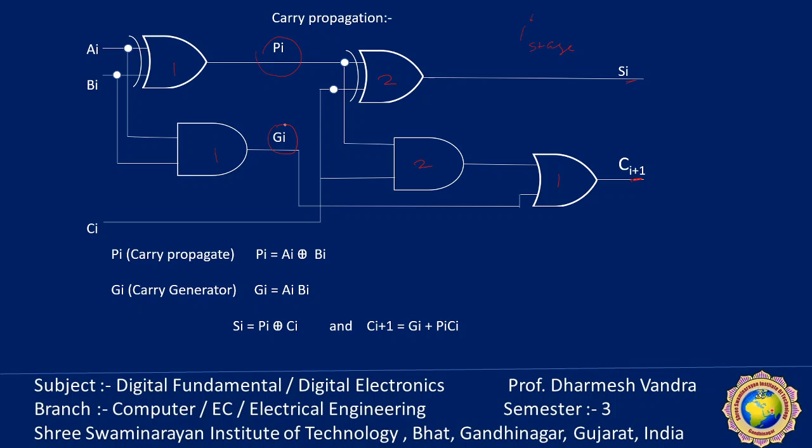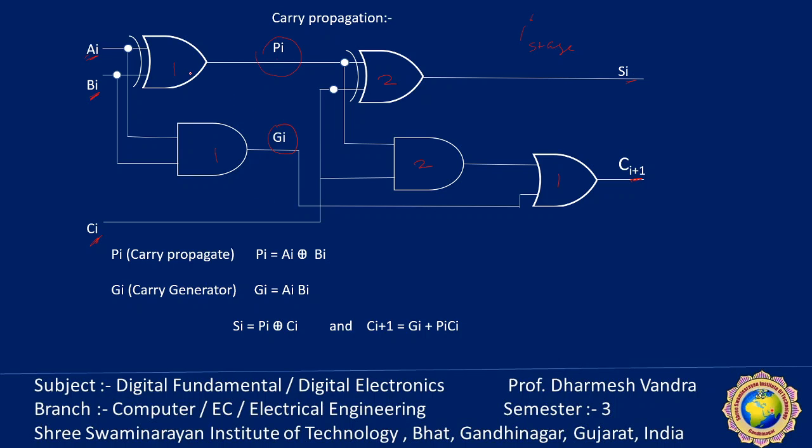So Pi and Gi settle to their steady-state values after propagation through their respective gates. Remember, Pi and Gi do not depend on the previous carry. They depend only on the current stage input values Ai and Bi.